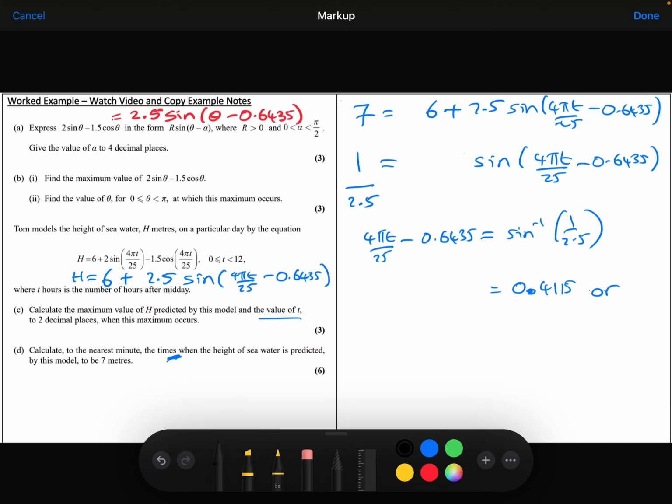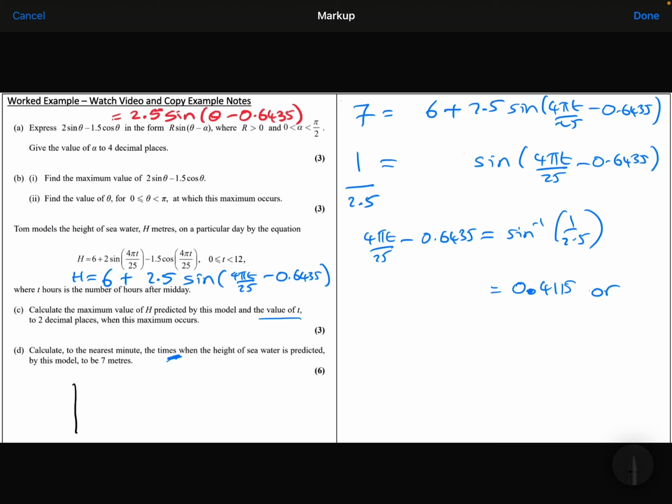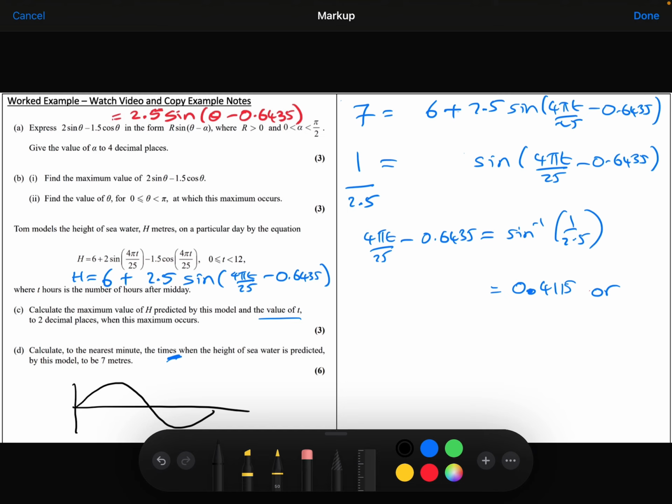So let me just draw a quick sine graph to see when else the sine graph is equal to 1 over 2.5. So there is one solution here, there will be another solution here.